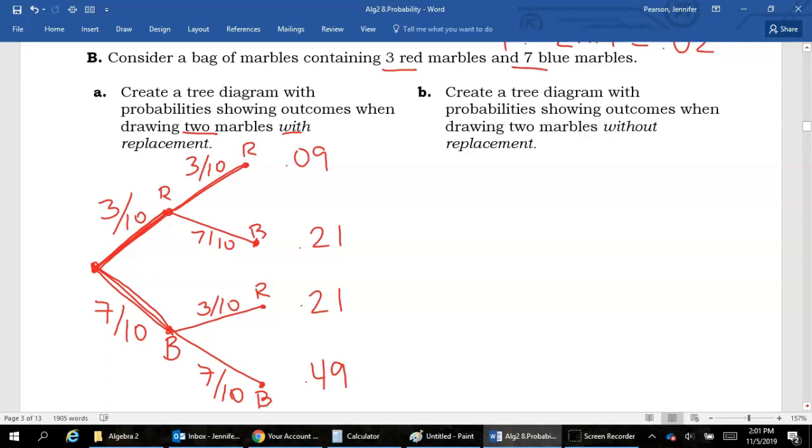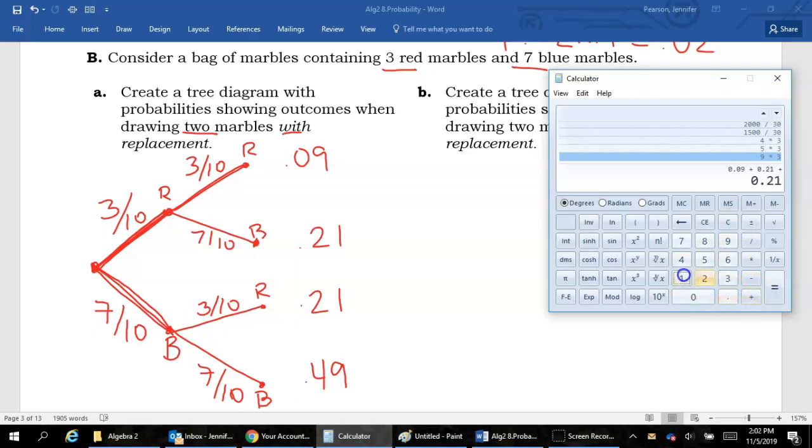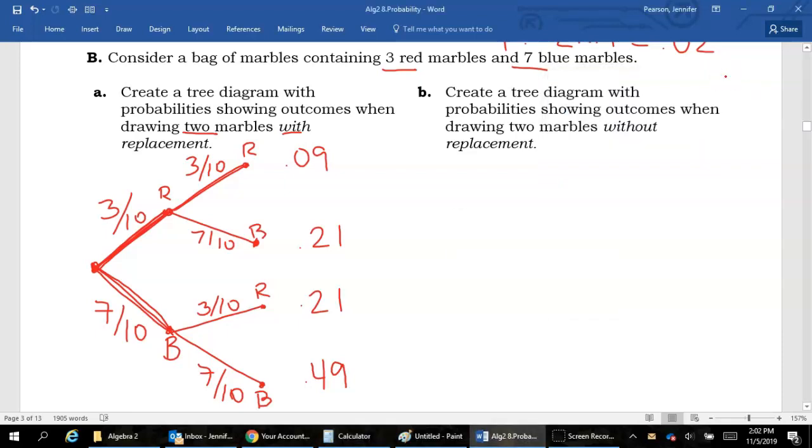Now if I wanted to, I could check that all of these actually do add up to 100%. So I'm going to do that just for fun. 0.09 plus 0.21 plus 0.21 plus 0.49 is definitely one whole, which is 100%. So I've covered 100% of possibilities.